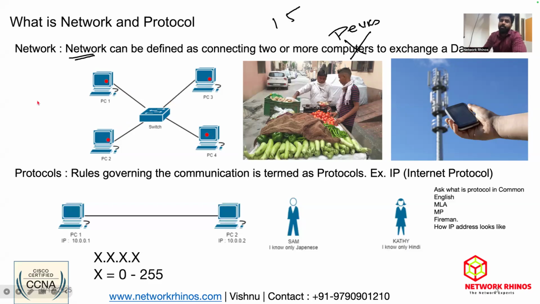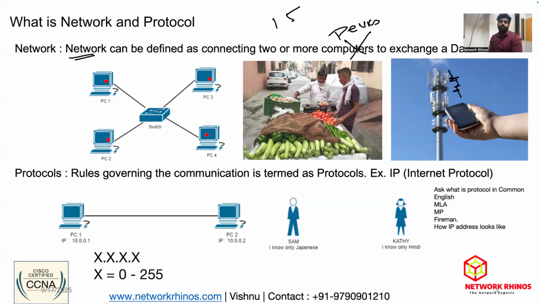Network became such a common word that anybody can use the term. For example, my grandmom, while talking on the phone, can say I'm not getting proper network. I'm not getting proper signal. She doesn't know what networking is, but still she used the word. What she means is that the communication between the cell phone and the cell phone tower is not proper.